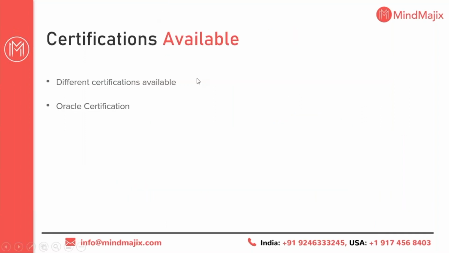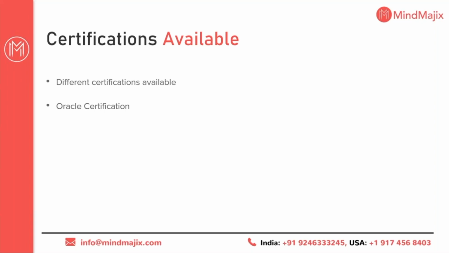I want to talk about the certifications available in OBIEE. There are a couple of certifications for every version out there. If we talk about the versioning, OBIEE started from 10G, 11G, and 12C, and there were a lot of versions in between as well. I personally have worked with the 10G version, the 11G version, and now also the 12C version. Every version has created waves.